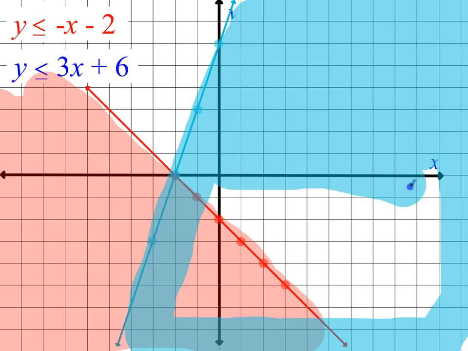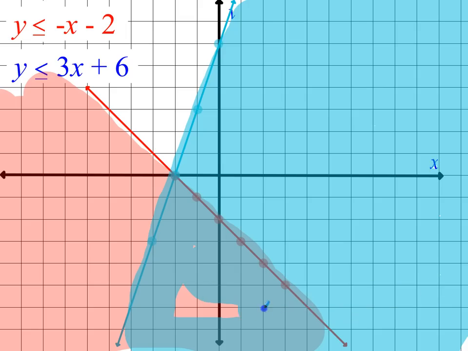Hopefully you picked up pretty quickly that when we solve a linear system, we get an individual point. We got this point here, that's the intersection, that's the solution. But when we have linear inequalities, we have two different shaded areas as the solution. It's the same idea. We look to see where they intersect.